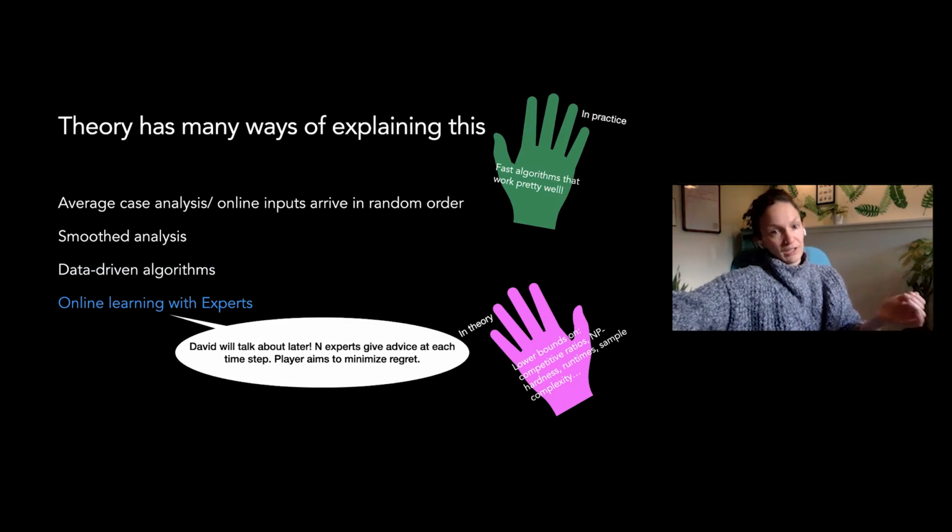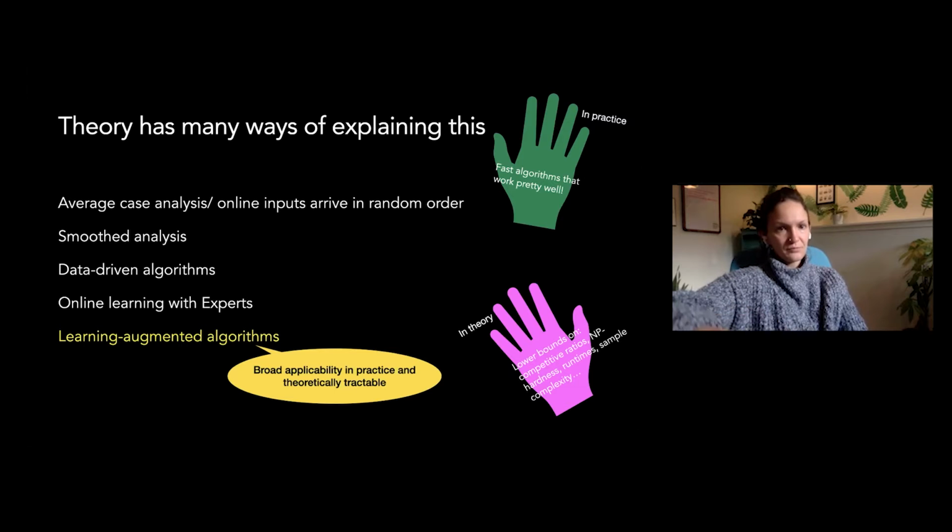I also wanted to mention online learning with experts because I know that David's going to talk about it later today. This is a little bit different, but maybe still kind of the same idea: you have experts giving you advice at each time step, and then you as the player are trying to minimize your regret given the advice.